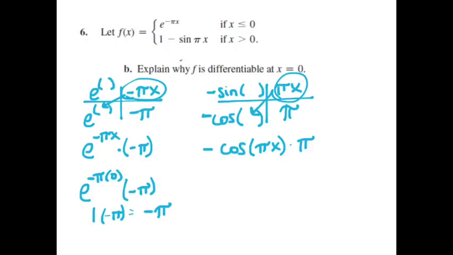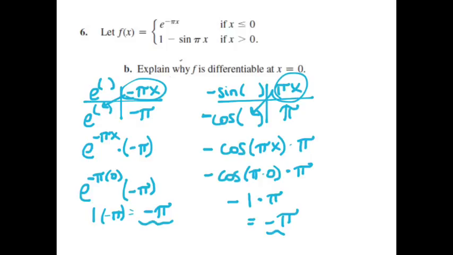And if I plug in 0 to my second piece, negative cosine of pi times 0 times pi, so I have cosine of 0, which is 1. And so this becomes negative 1 times pi, which is, of course, negative pi. And so we've shown that at x equals 0, our derivatives are equal to each other, and so therefore this function is differentiable.